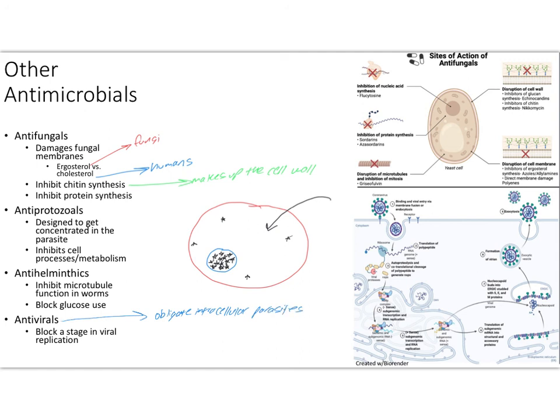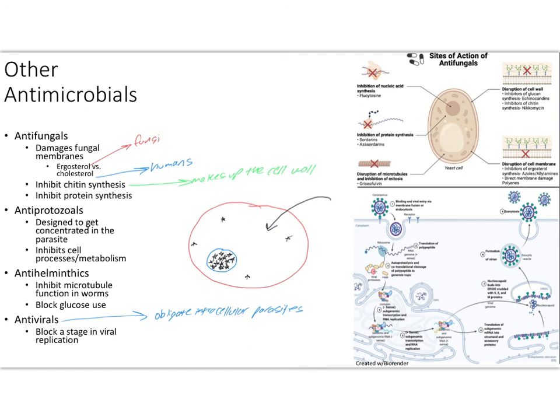And so what that means is we have to, for the most part, develop a drug that we can get inside a human cell that will damage just the virus and not any of our internal cellular components. And that is quite a challenge. That is one of the reasons we don't have a lot of antiviral medications.